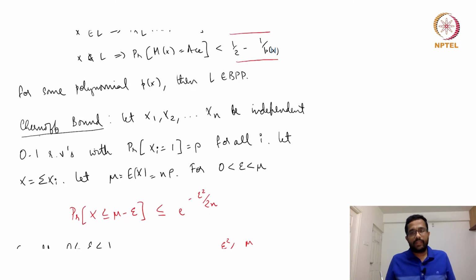Let's see how we can do that. In the case of one-sided error, the boosting was easy, right? Because we only got one type of error. When we had a random assignment and said phi is satisfiable or not satisfiable, if even one of the trials outputted satisfiable, it was because we found a satisfying assignment.